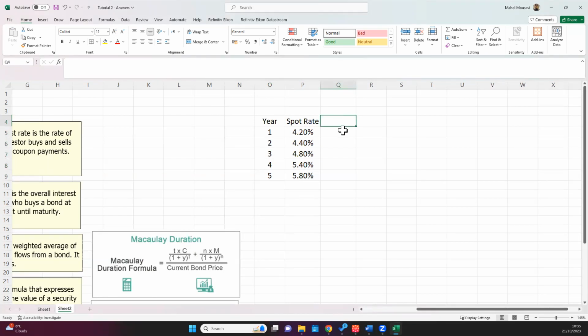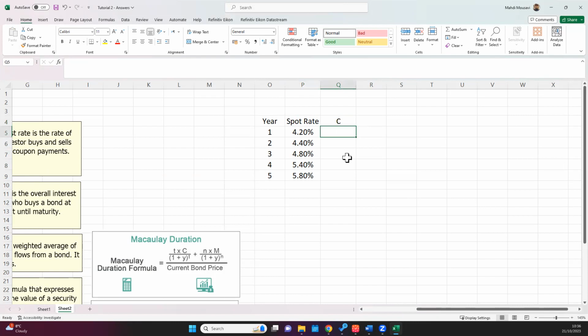And first, we need to consider the present value of cash flows from this bond. And remember, we basically have the following cash flows by investing in this bond.